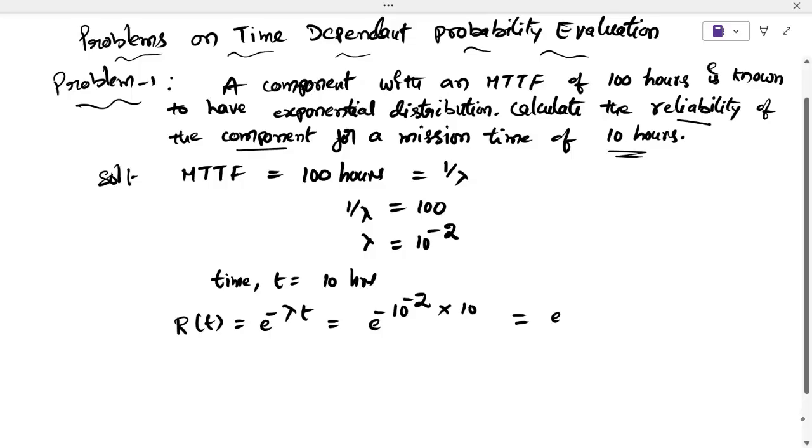That is e power minus 0.1, which is equal to 0.9048. This is the reliability of each component in the system, right?